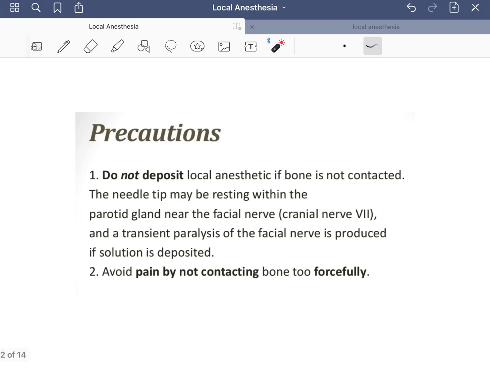Do not deposit local anesthetic if bone is not contacted. Never. The needle tip may be resting within the parotid gland near the facial nerve, which is the 7th cranial nerve, and a transient paralysis of the facial nerve is produced if solution is deposited. Avoid pain by not contacting bone too forcefully.